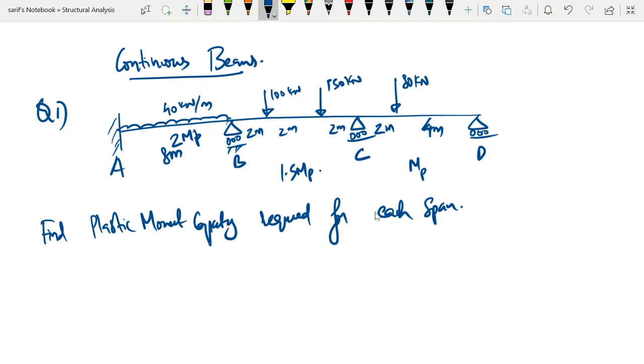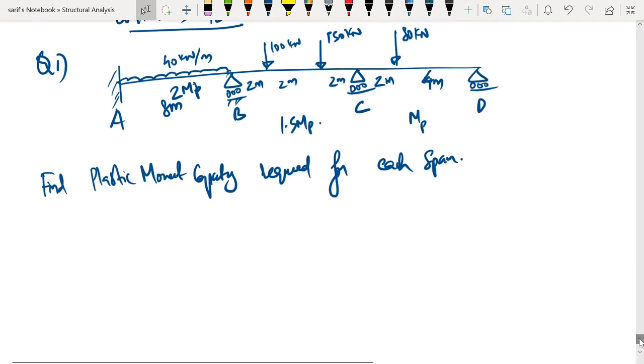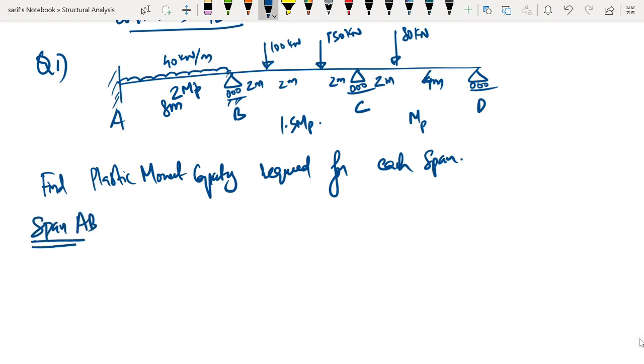So first thing we have to do is, let us consider the span AB. If we consider the span AB, we have to look for the number of possible plastic hinges.